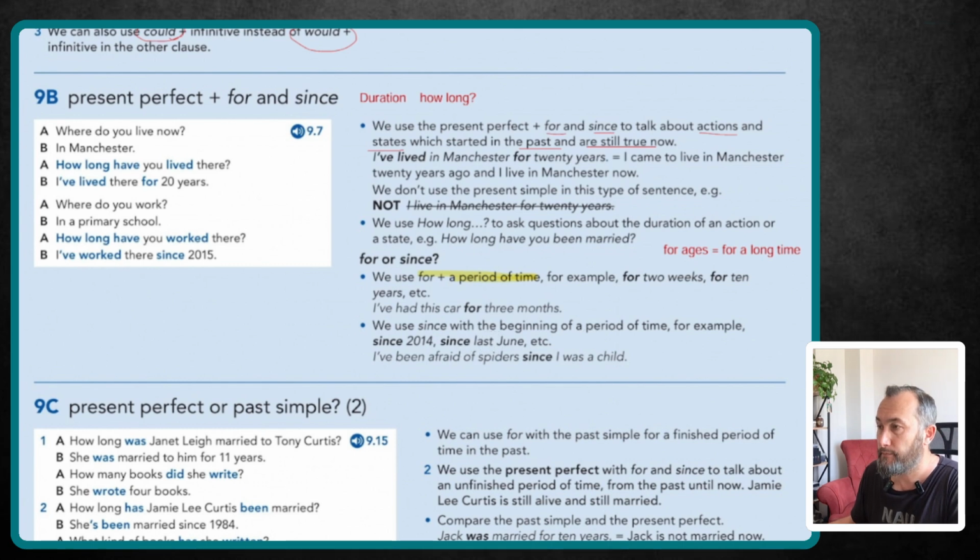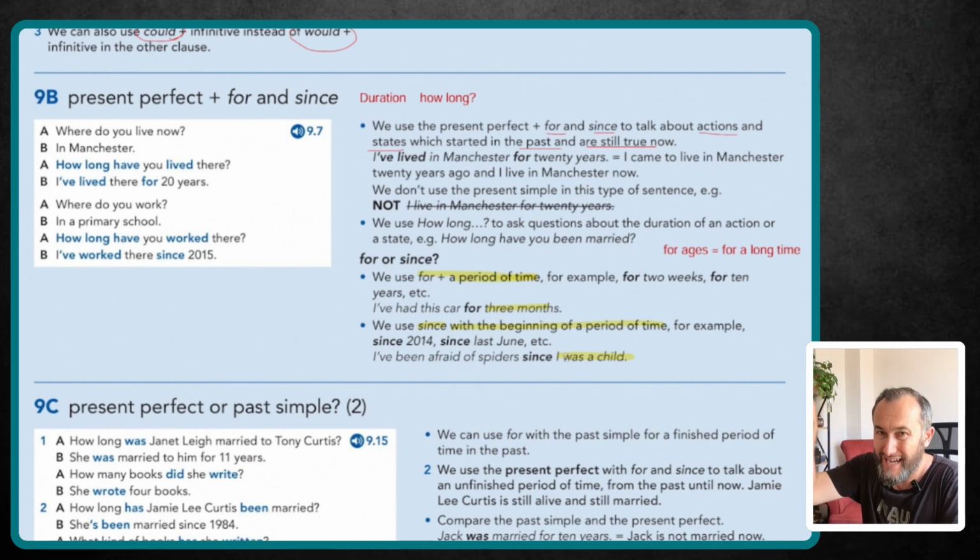What about since? Since we use with the beginning of a period of time. Beginning, starting point. When we want to mention the starting point, we say since. Example, I've had this car for 3 months. Now, I've been afraid of spiders since I was a child. Look, I was a child is not a period.